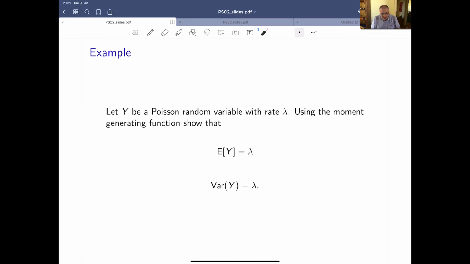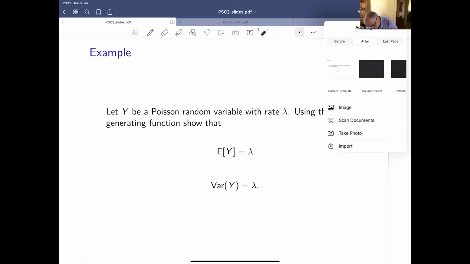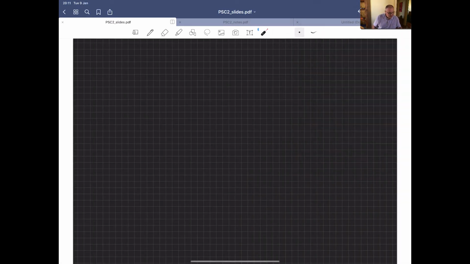So let's see an example and see if we can get that to work. What we're going to do is take that moment generating function we just got, and get the expected value and the variance from it. So first of all, let's remind ourselves my moment generating function, which is a function of t, is e to the lambda, e to the t minus 1.